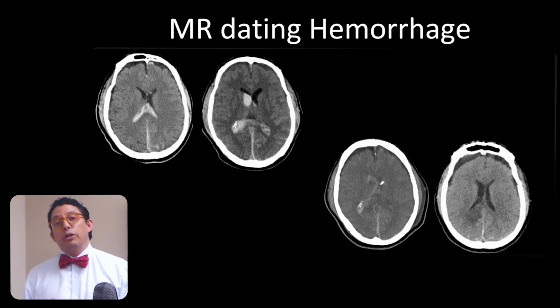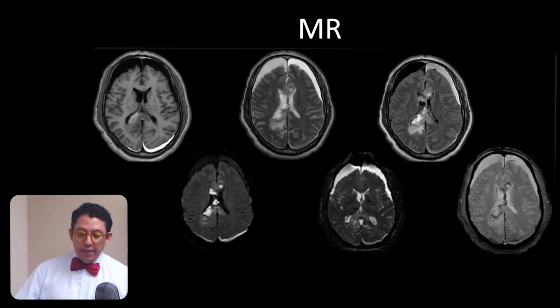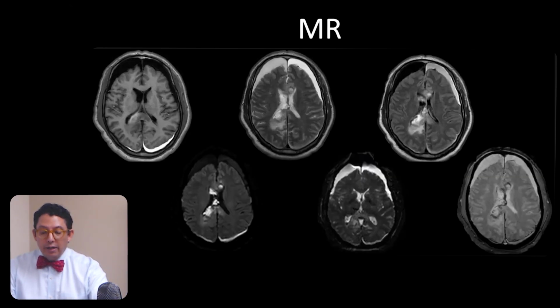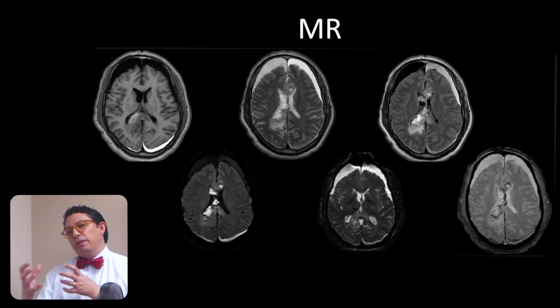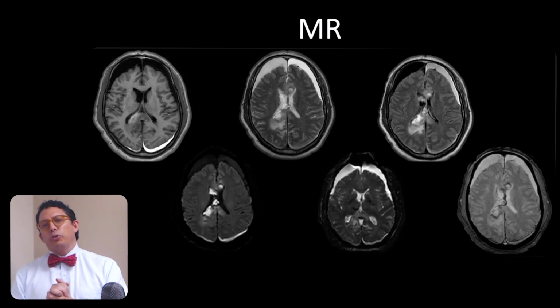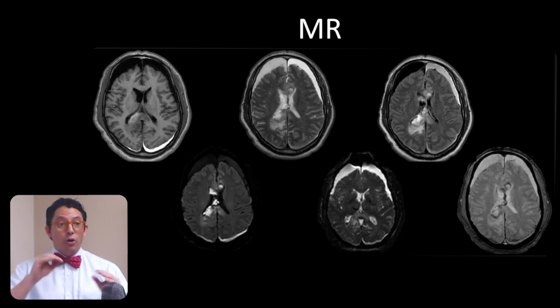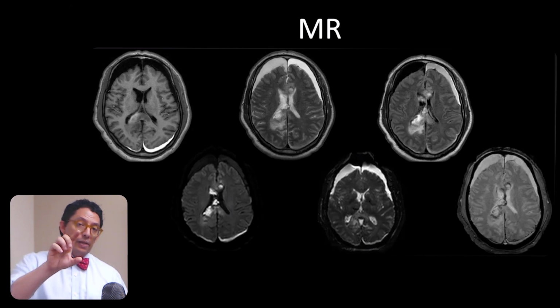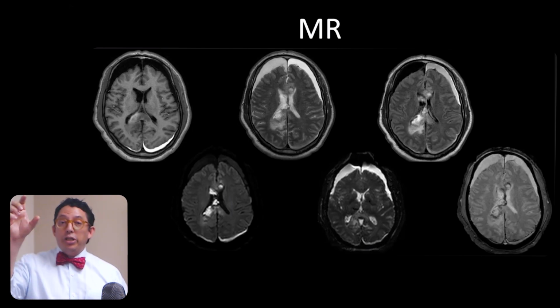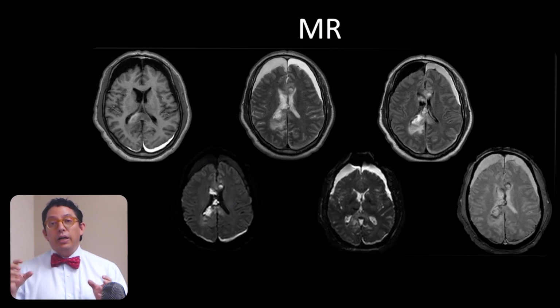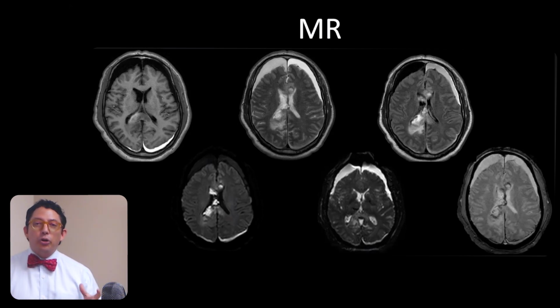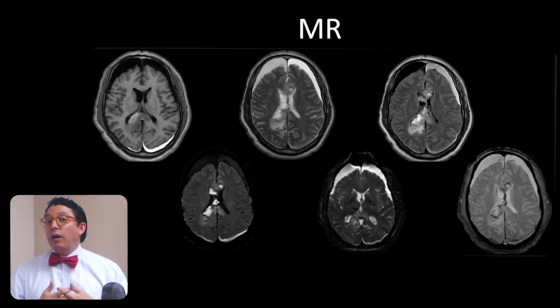For that, we utilize a little bit more MRI, and MRI uses a different system for that. Since we also discussed that MRI goes from T1 to T2 to FLAIR, and how these have different signal intensities depending on how you tweak, say, the magnet, it also changes the way that you see blood products.